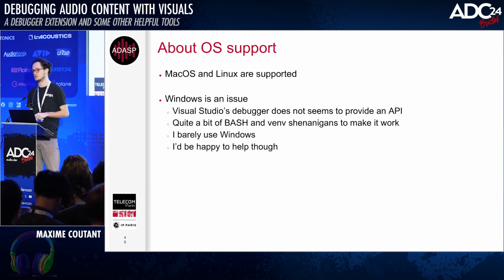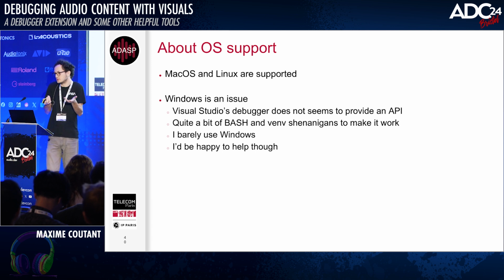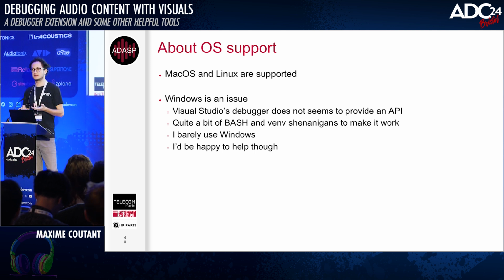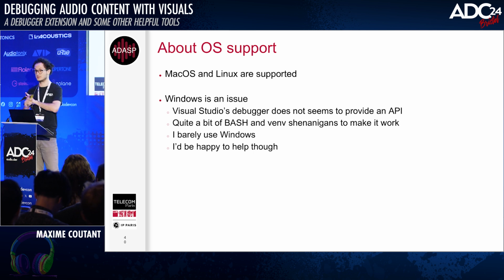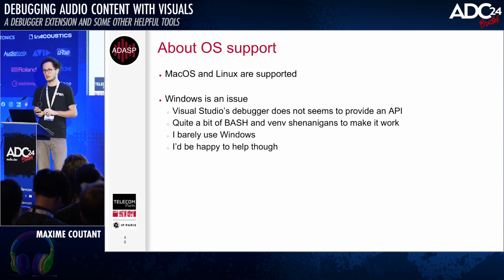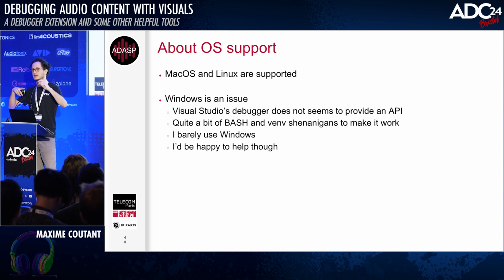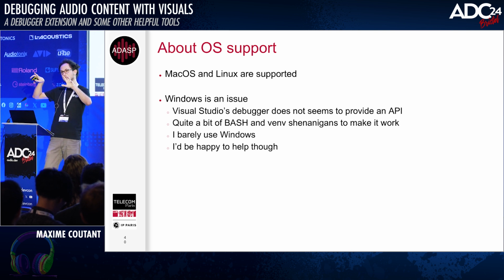Windows is an issue though, because the Visual Studio debugger that comes with Visual Studio does not seem to provide an API, or if there is an API, Microsoft is really secret about it because there's absolutely no mention of it anywhere. And also, I had to use a bit of bash and VM shenanigans to make it work, to have the two independent interpreters.